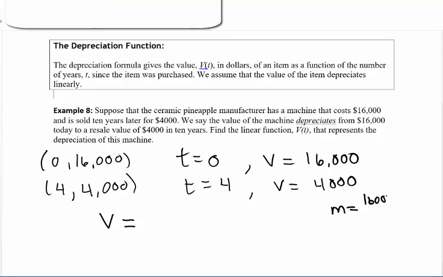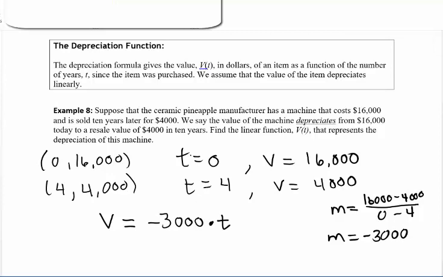So here, that'll be 16,000 minus 4,000 over 0 minus 4. So 16,000 minus 4,000 is 12,000 divided by negative 4 gives me a slope of negative 3,000. So I come over here, and that's my m. I'm going to use the variable t here because I've been using t all along, and it's v of t.